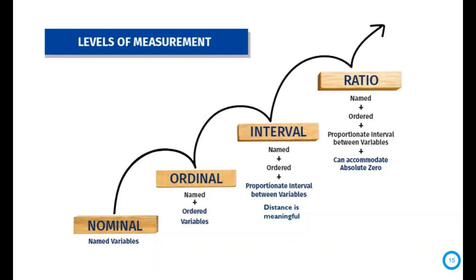For example, the level of agreement. We have a Likert scale, 1 to 5. 1 is extremely disagree, 5 is extremely agree. Let's say I choose 4 and you choose 3. Can we find the distance between these two? No, it's not possible.